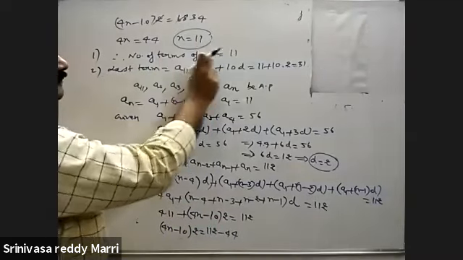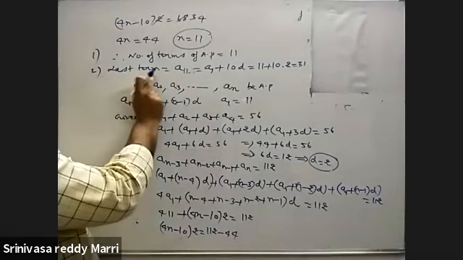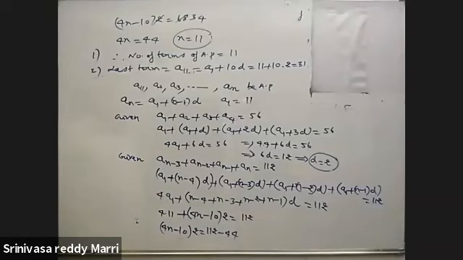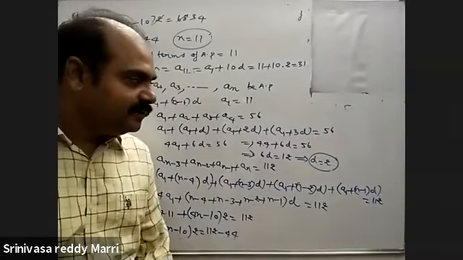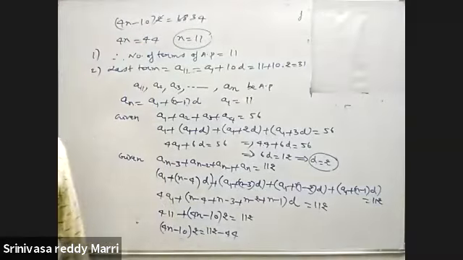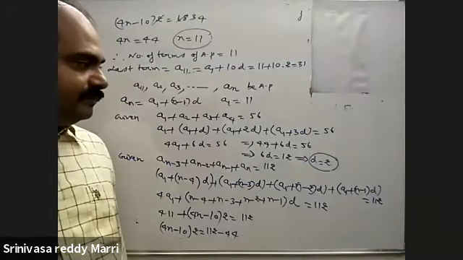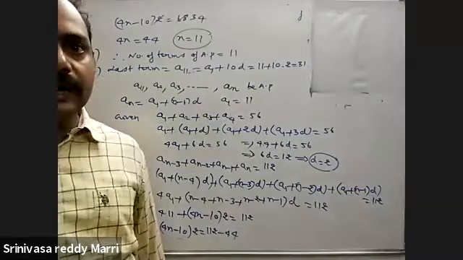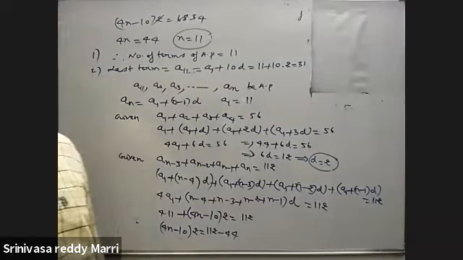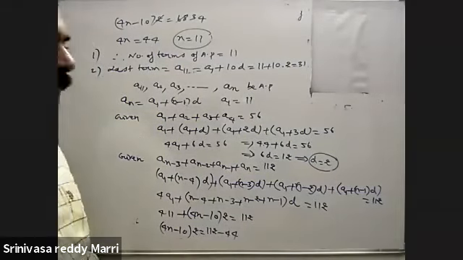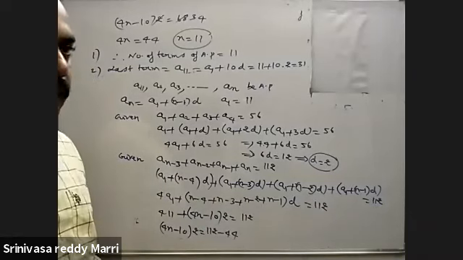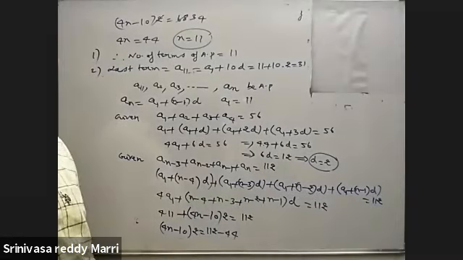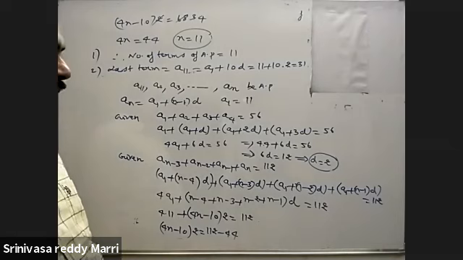That means the number of terms is 11. The last term asked is A11. While looking at the problem length, don't be scared. Understand the logic and proceed. For any AP problem, you want to find the first term and the common difference. If you know that, any term you can find out.